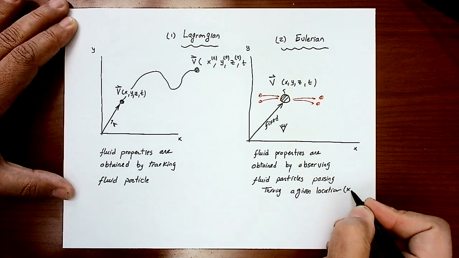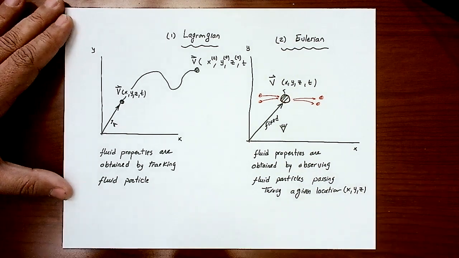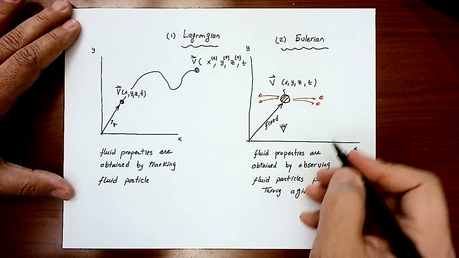So x, y, z is always constant. The only variable that we're going to have here is the time.